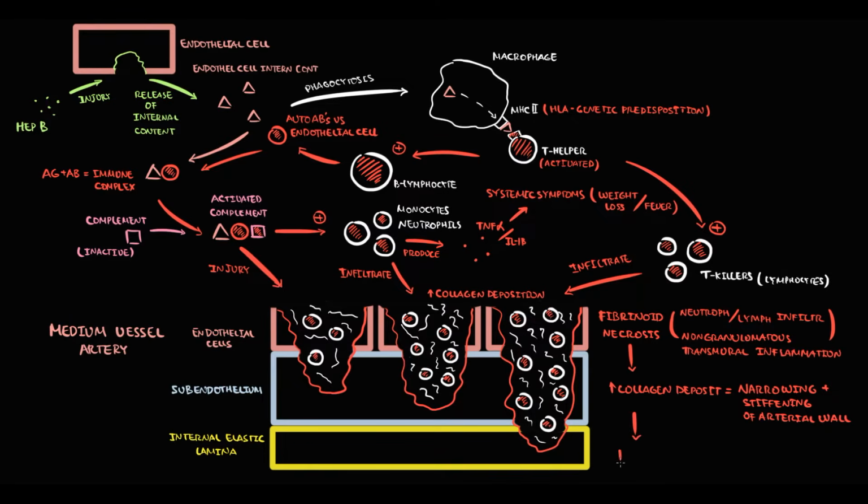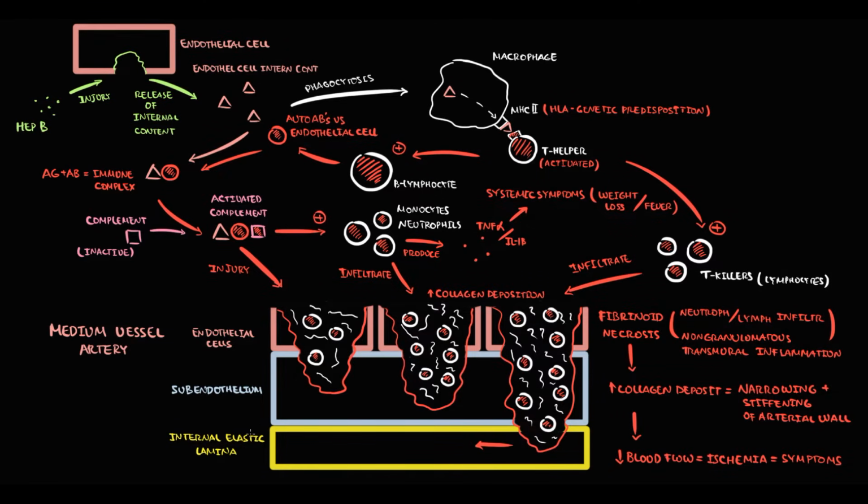The major problem here is that deposition of collagen within the blood vessel wall will cause narrowing of artery, which in turn will cause decrease in blood flow. So the income of blood to certain tissues will decrease, which will cause ischemia, and ischemia will cause severe clinical symptoms.